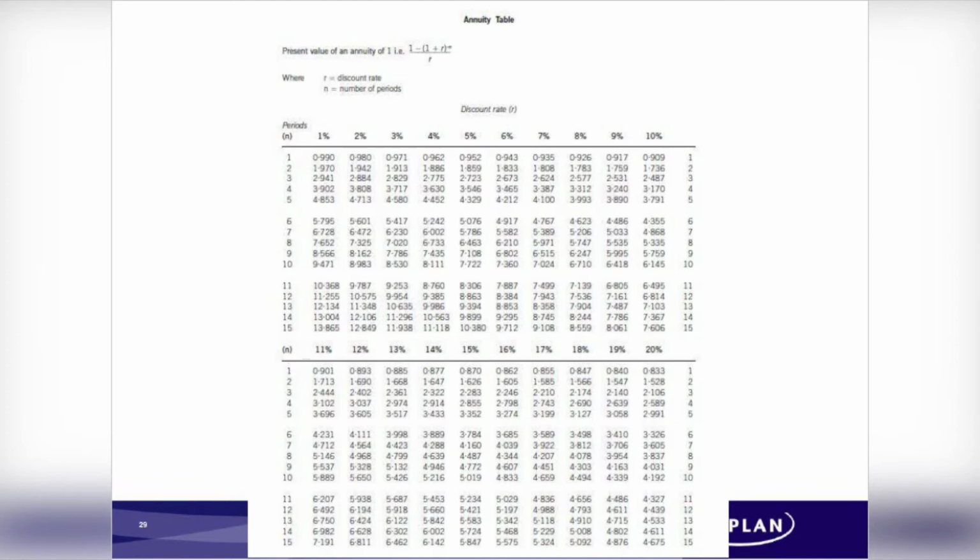If I wanted to see this same annuity of 1,000 pounds every year at 8%, and I want to see what it will be at the end of 15 years, I simply go to 8%, go down until I get to period N is 15, and you find the annuity factor is 8.559. So I simply say 1,000 multiplied by 8.559. And that's it. That's how you use tables.